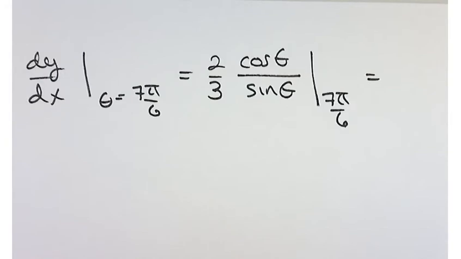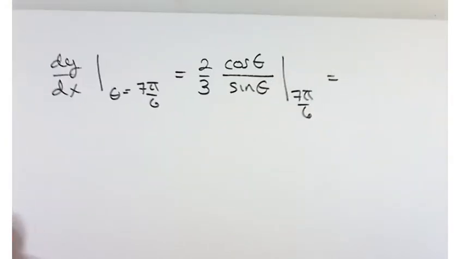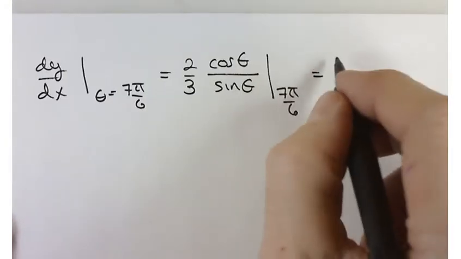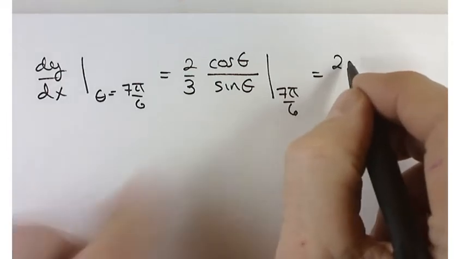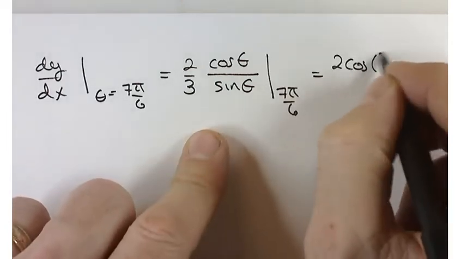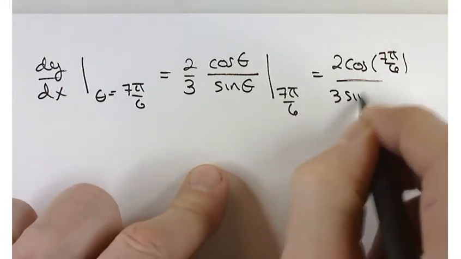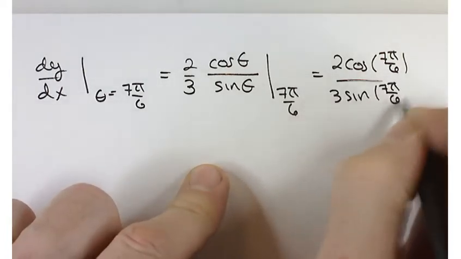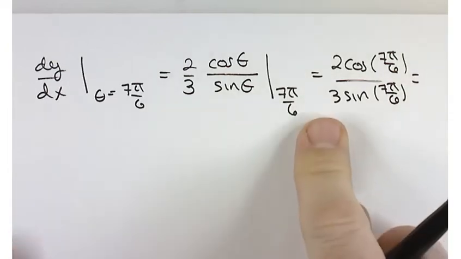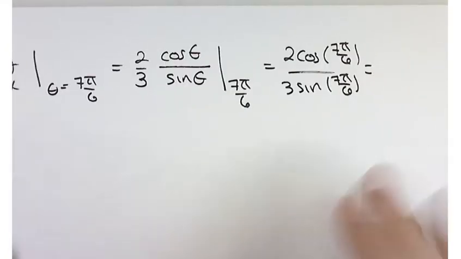And I'm doing that because I don't know my values for the cotangent so well. So I'm making it easier on myself. I do know the cosine of 7 pi over 6, and I also know the sine of 7 pi over 6. Both of these are going to be negative because it's in the third quadrant.